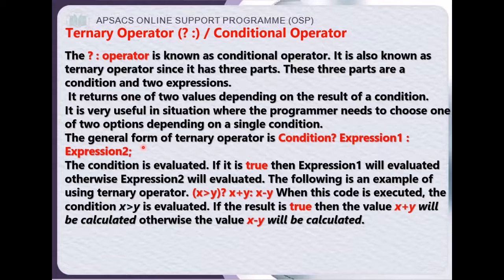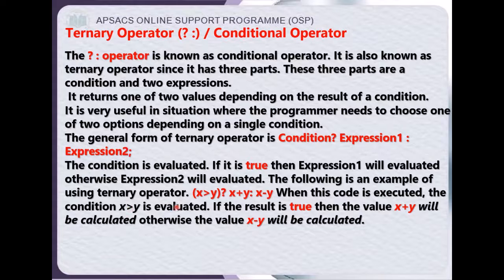The condition is evaluated. If it is true, then expression 1 will be evaluated, otherwise expression 2 will be evaluated. The following is an example of using the ternary operator: x greater than y, this is our required condition, question mark x plus y colon x minus y. When this code is executed, the condition x greater than y is evaluated.